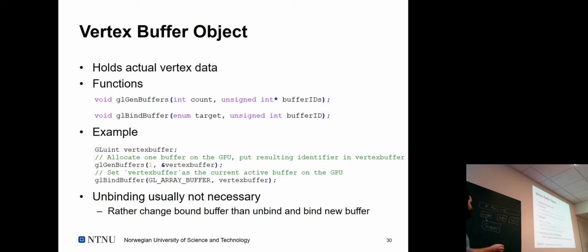When we want to switch to another buffer, we don't need to unbind the previous one. When we bind the new one, the old one is automatically unbound, and we start processing this buffer using the shader, and so on. So even if we define it in the code, it's important to bind it to make it usable.